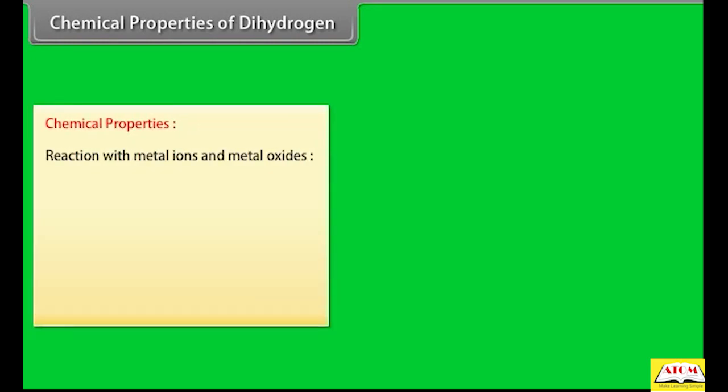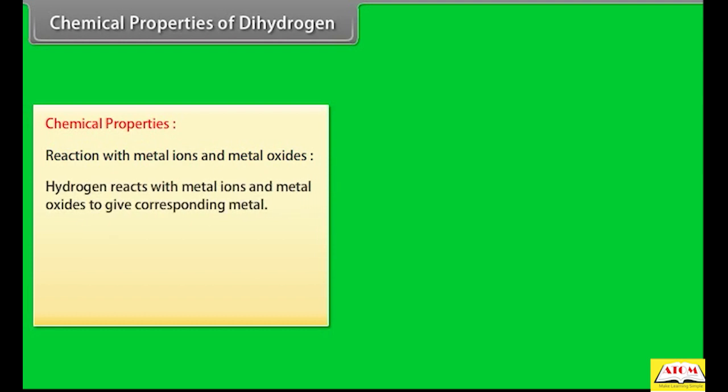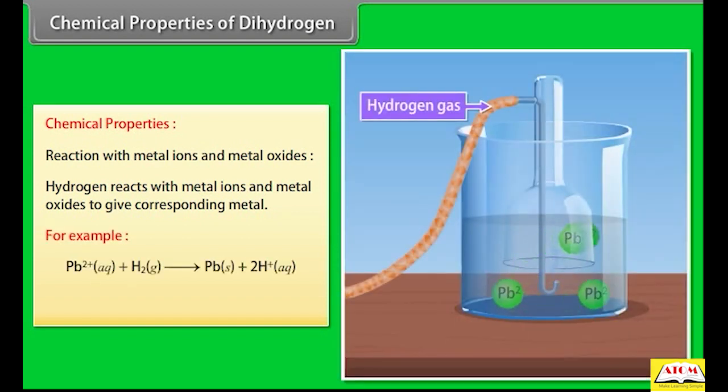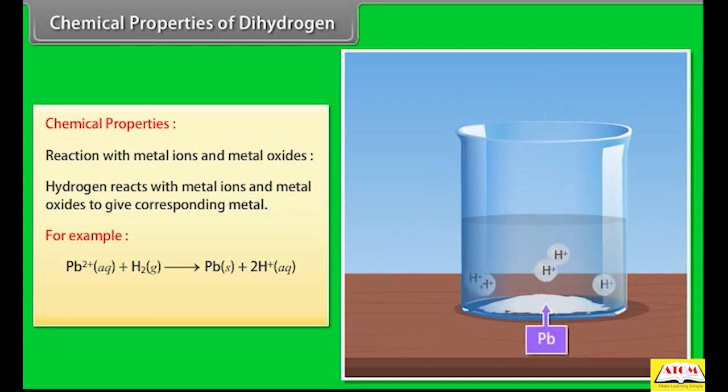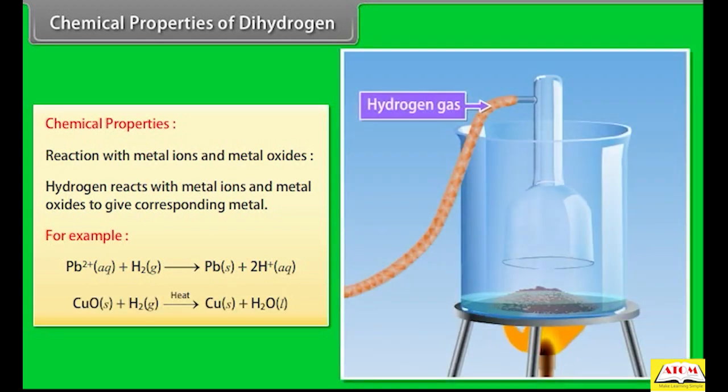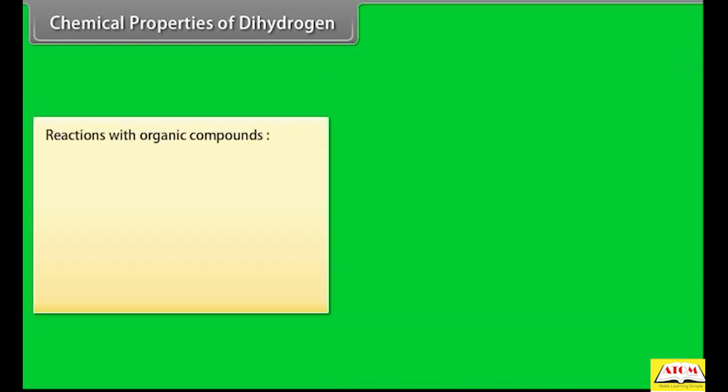Chemical properties of dihydrogen. Reaction with metal ions and metal oxides. Hydrogen reacts with metal ions and metal oxides to give the corresponding metal. For example, reactions with organic compounds.